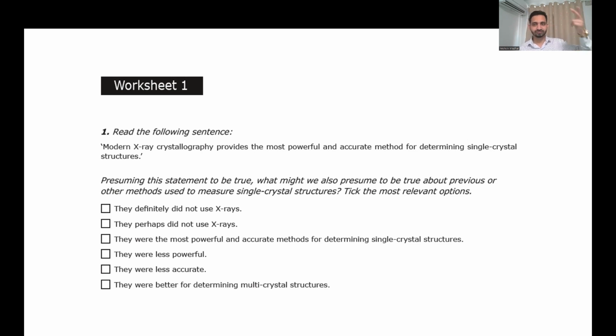That is true because the new one is more powerful. And they were less accurate. This is also true because the new one is more accurate. Last one, they were better for determining multi-crystal structures. Now, the prompt says methods used to measure single crystal. The question is asking about single crystal, so we don't have to worry about multi-crystal structures. So I can eliminate that.